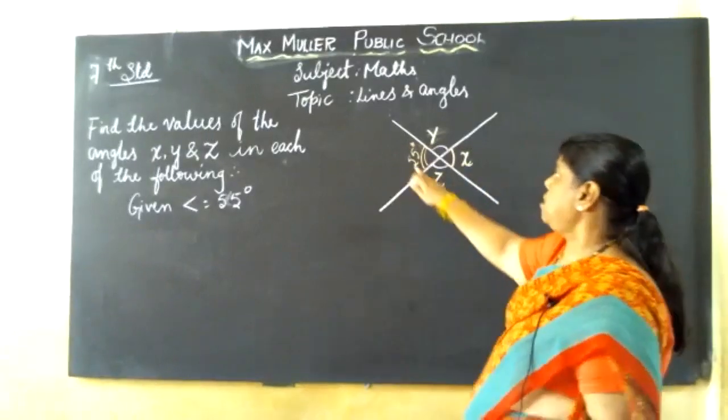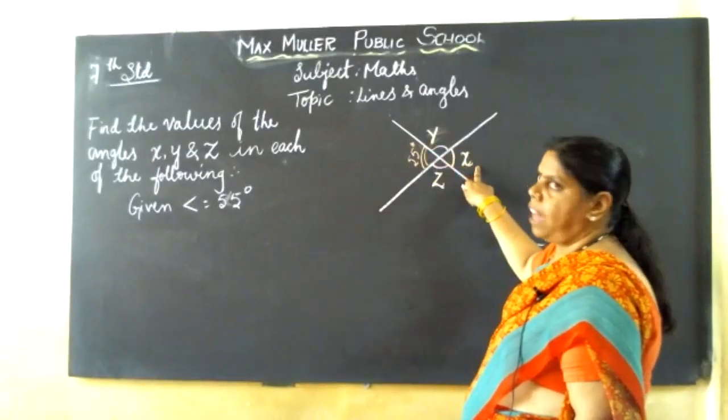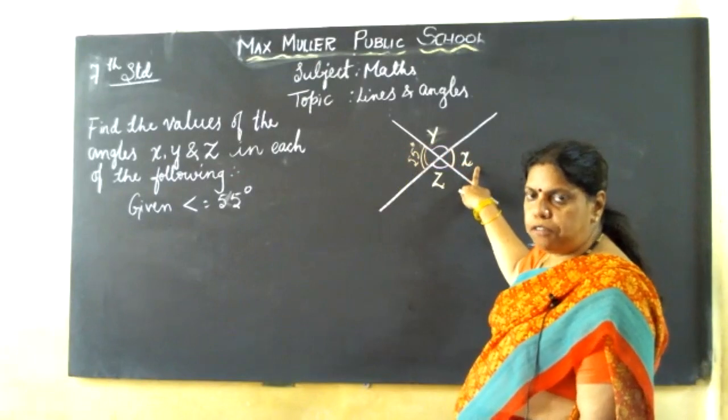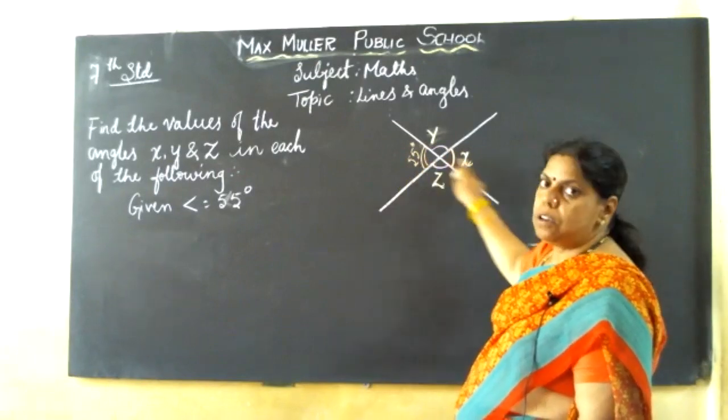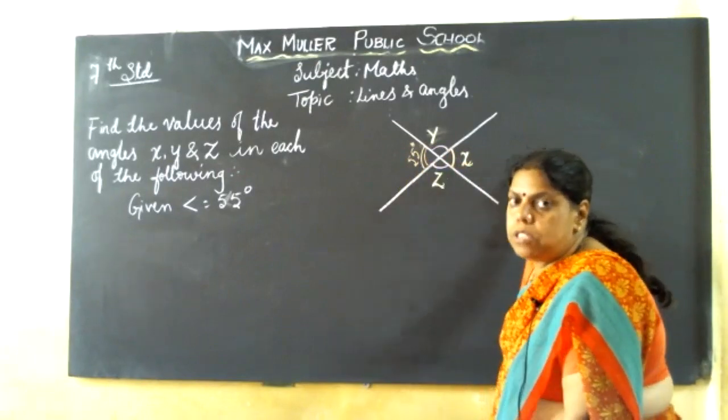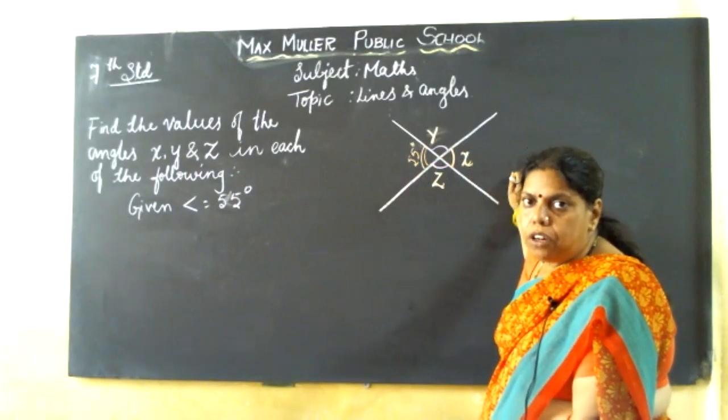Now, when this is 55 degree, the X value will be also 55 degree as it is vertically opposite angle. Got it?